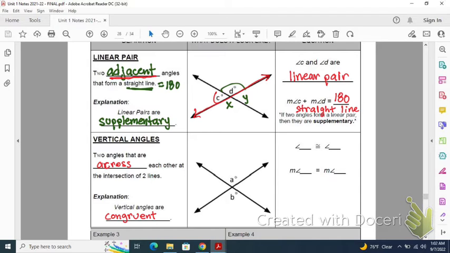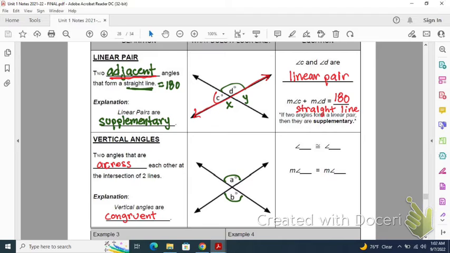So in our diagram, as you can see, angle A is directly across from angle B. That means those are vertical angles. And this time I am going to indicate that they're congruent by drawing that wing for both of them.